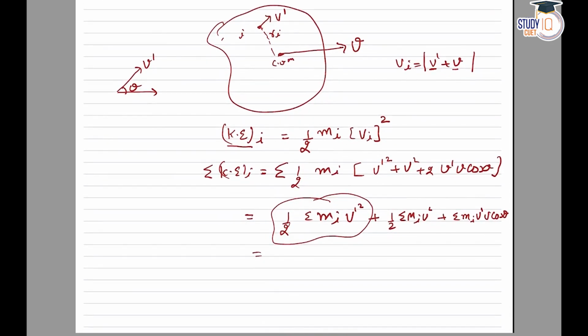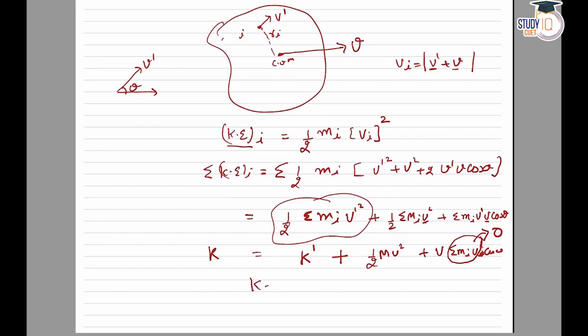So this term, the summation of all the kinetic energy with respect to center of mass, is K dash. The kinetic energy of the system with respect to ground can be written as K dash, where K dash is the kinetic energy of all the particles with respect to center of mass, plus, in this, v square can be taken out and sigma mi would be the mass of the complete body, that is half Mv square, plus, in this, v can be taken out, and we know that sigma mi into v prime, this term we have proved in part A, is equal to 0.